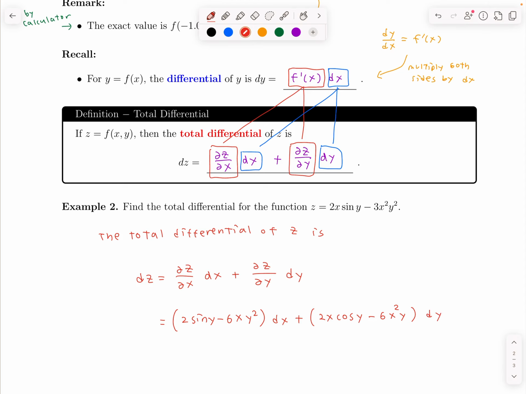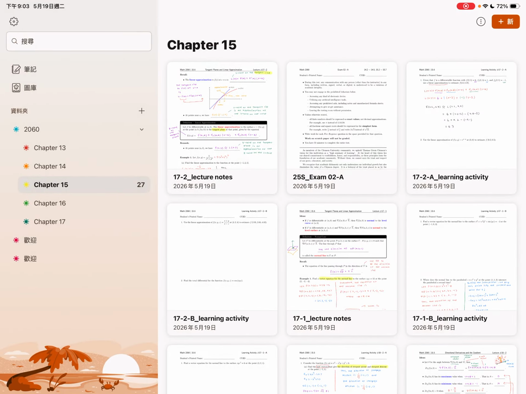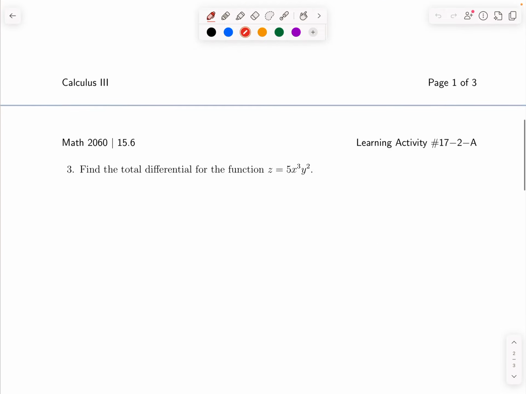So you can see that the total differential right here is not too difficult. Once you remember the formula, it's very straightforward. If you want some practice, you can take a look at learning activity 17-2-A, number 3 right here. You want to find the total differential for this function. Make sure you practice this on your own.